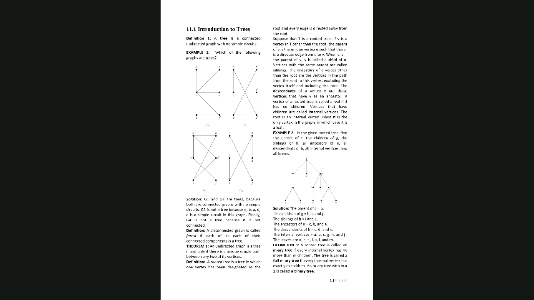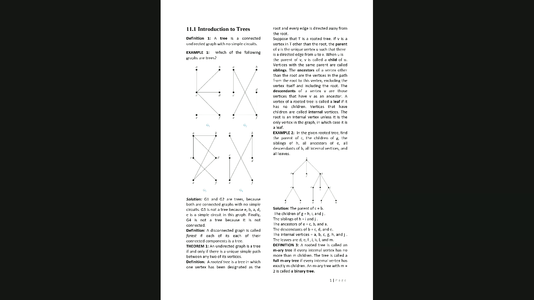Siblings means brothers. Ancestors means father, grandfather, great-grandfather. Descendants means all children, grandchildren, like that. Leaves: a vertex of a rooted tree is a leaf if it has no children. Internal vertices are those that have children.